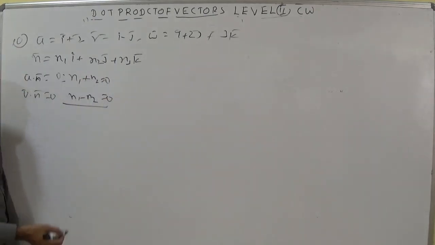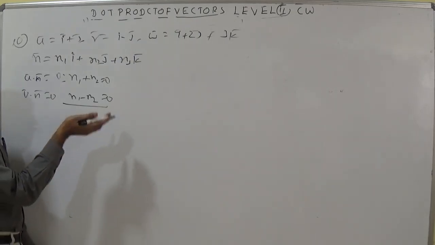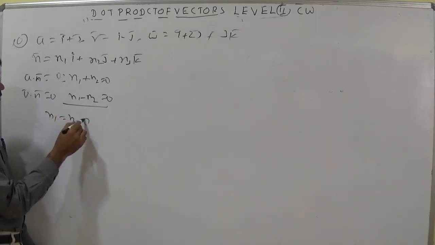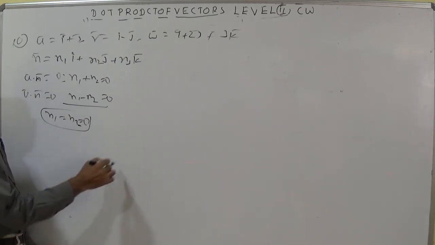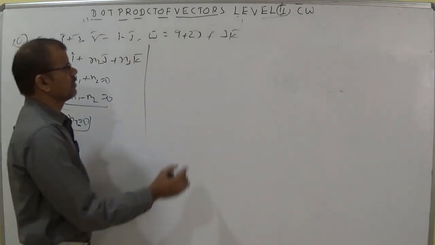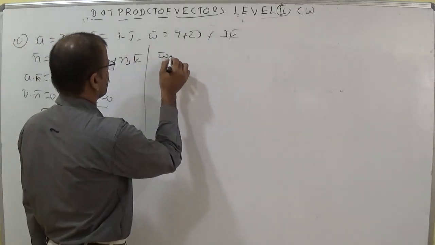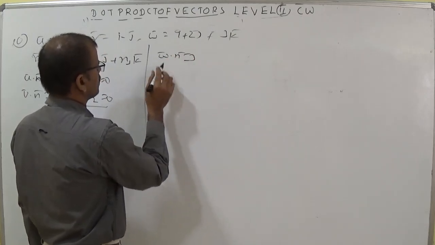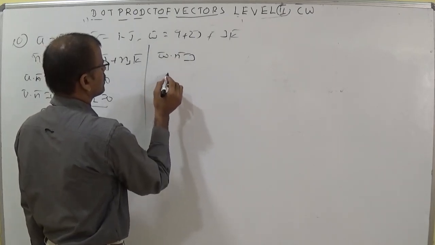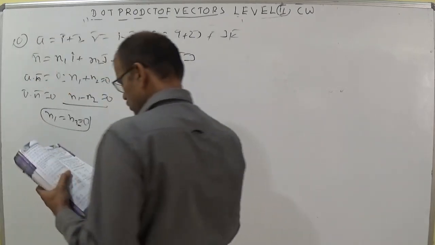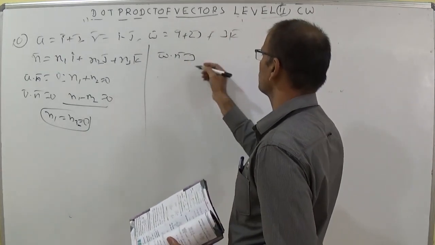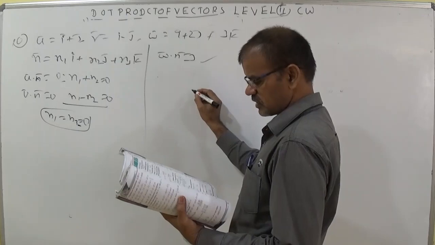If we add these, 2n1 equal to 0. If you substitute the value in n1 plus n2, then n2 also equals 0. So n1 equals 0, n2 equals 0, both are zeros. No need to calculate n1 and n2. Here W dot n bar, we should calculate. Since n1 and n2 became 0, directly 3 you can write. Okay.